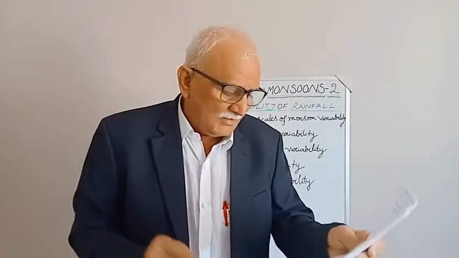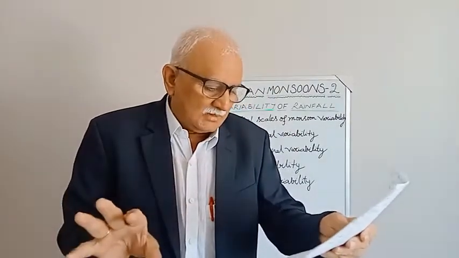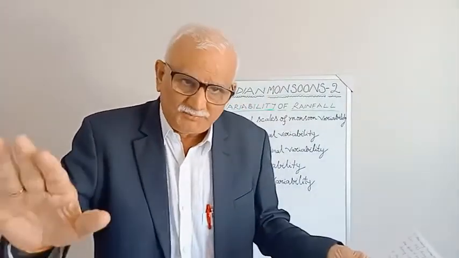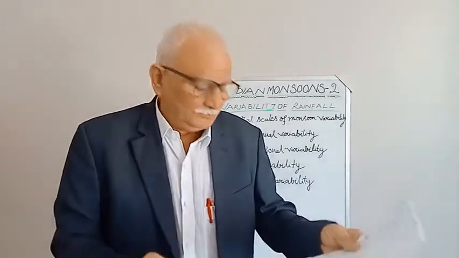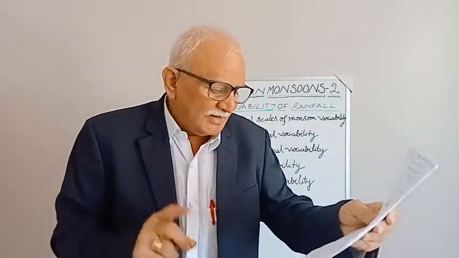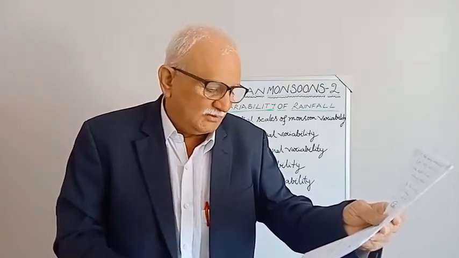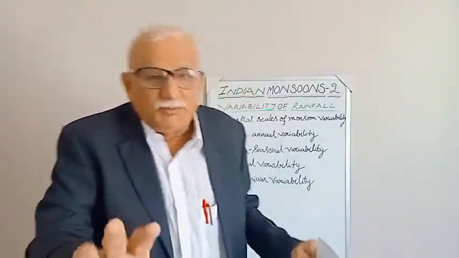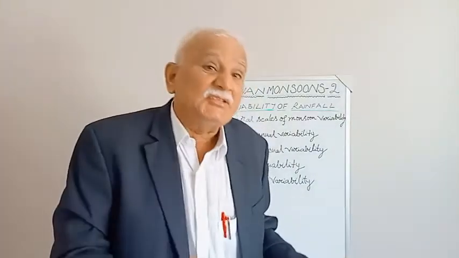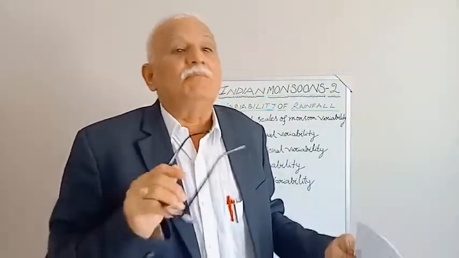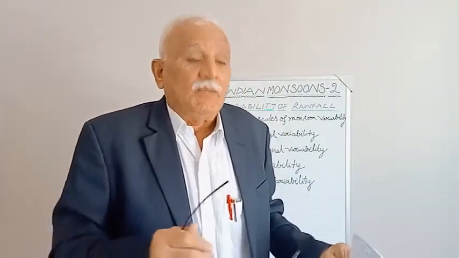Now, see, long breaks in critical growth stages of crops play a negative role for the crops. A break situation of monsoon rainfall, a lull in the monsoon, we call it.